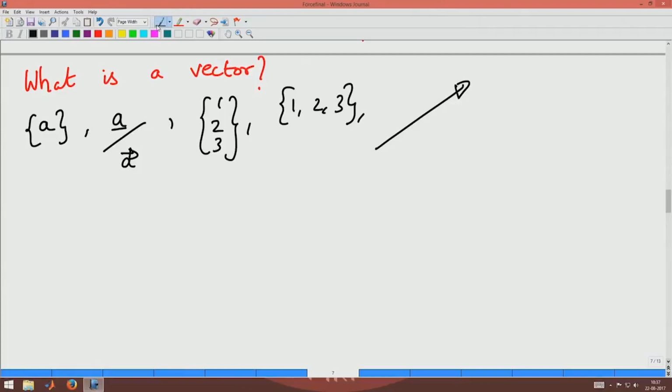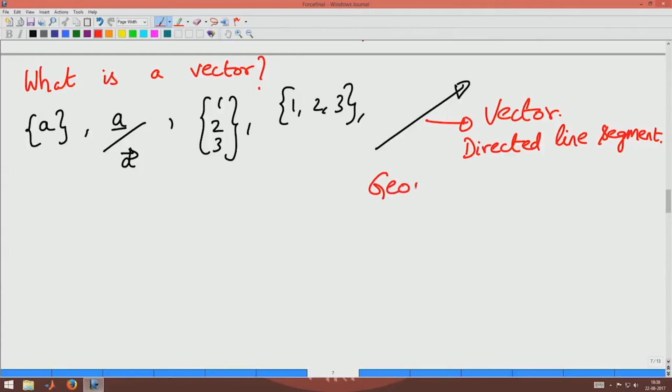This is for us a vector, that is directed line segment, okay. It is a geometrical object and hence that is a vector, okay. In mechanics we consider this as the vector.